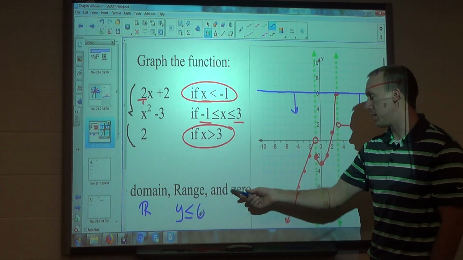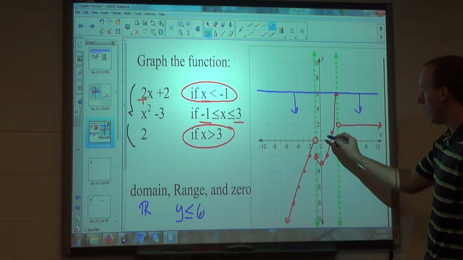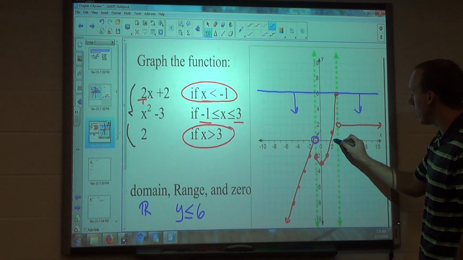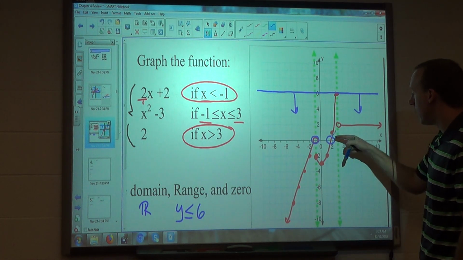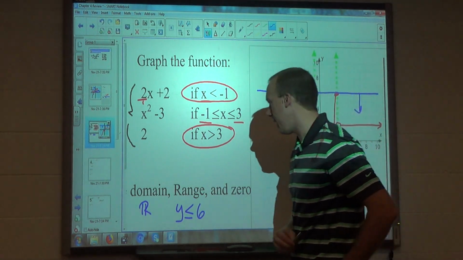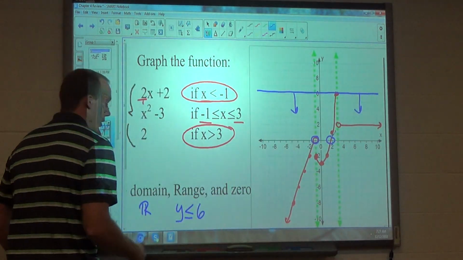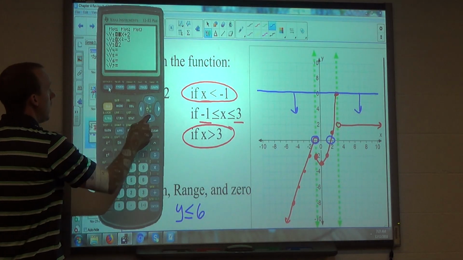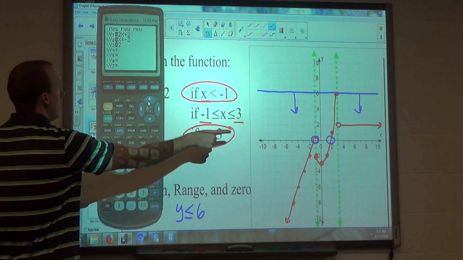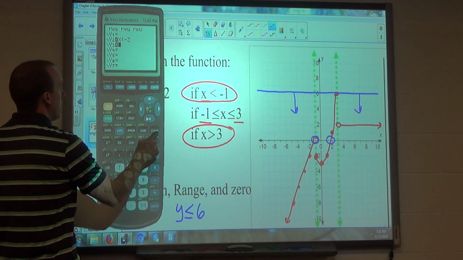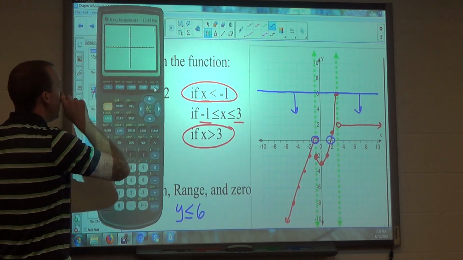Then it says, what are the zeros of the function? Well, this is an open dot, so it actually doesn't hit there, so that doesn't count. The only one that would count would be this one. Now, it didn't land nicely, did it? Since it did not land nicely, I can take my calculator and calculate the zero of the function. That's the parabola, the middle one, so I'm going to get rid of the first one and the last one, and just have the parabola in there.